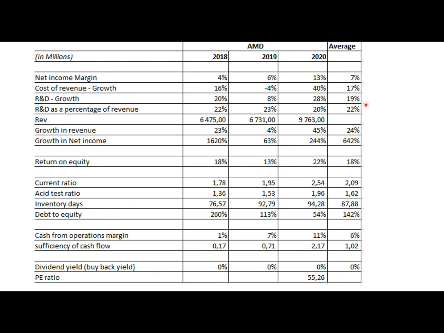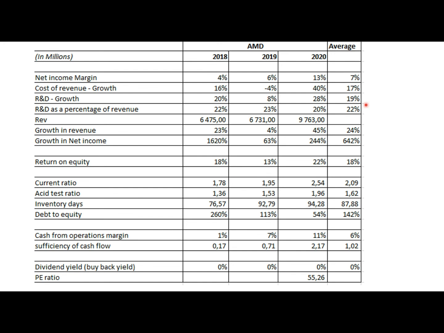R&D as a percentage of revenue is above the industry average. Industry average is about 20%, and AMD spends on average 22%. So it again explains the growth strategy that AMD is on. It's willing to spend significantly to not only grow but also maintain its market share.